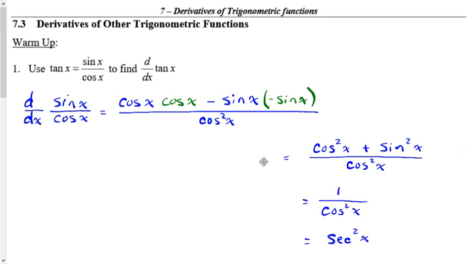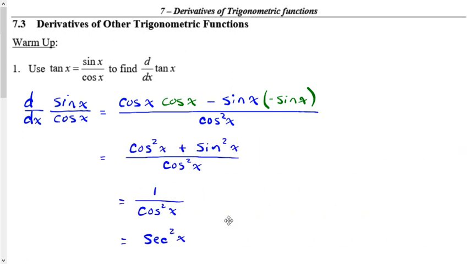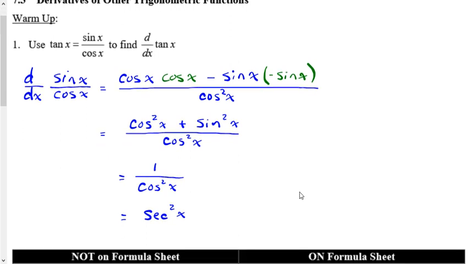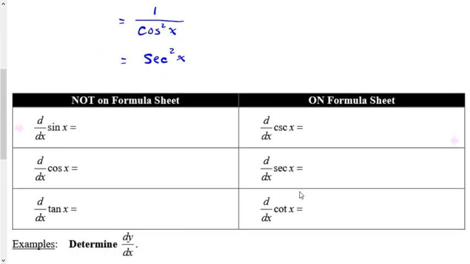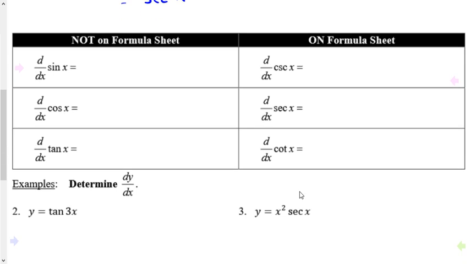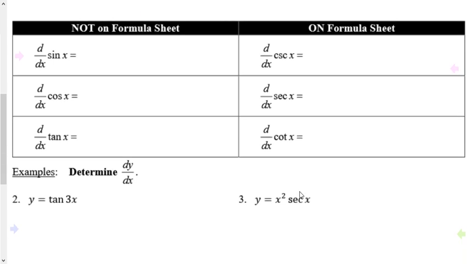And as we collect some terms together, simplifying, we get a cos squared x plus sine squared x, Pythagorean identity, equals 1 in the numerator. So 1 over cos squared, which is secant squared x. There we go. And we could do that for all the other trig ratios, reciprocal trig ratios or quotient ratios.